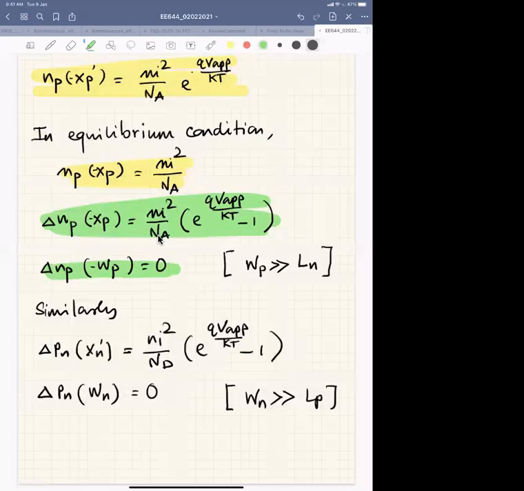the excess holes in the n side, delta Pn at xn dash is Ni square by Nd times e to the power qV by kT minus 1, and delta Pn at Wn equals 0, right?